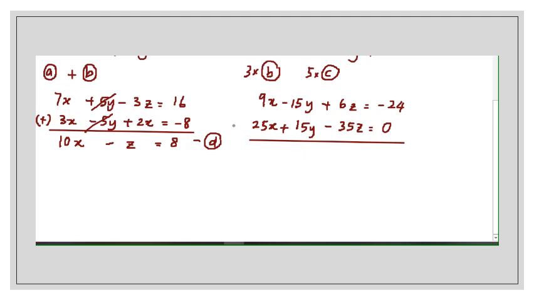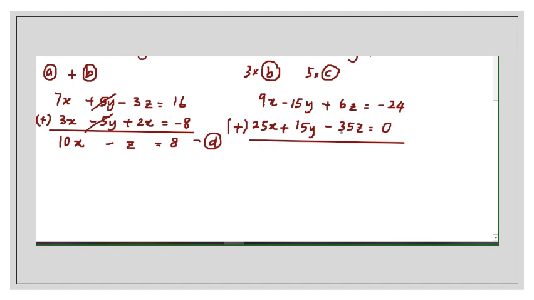Okay, how to do? What to put? Is it plus or minus? It is plus, because negative 15y plus 15y is equal to 0. Or we can say that for different signs, we use plus. For equal signs, we use minus. Now, negative 15y and positive 15y is equal to 0 when we plus.